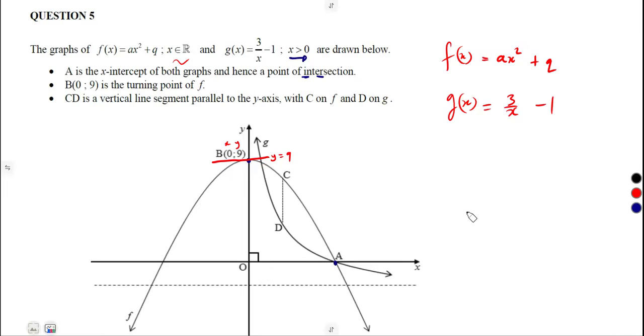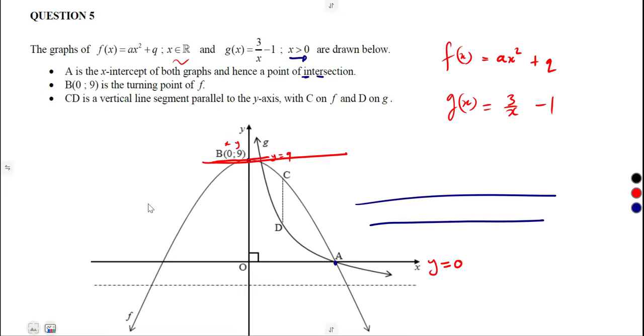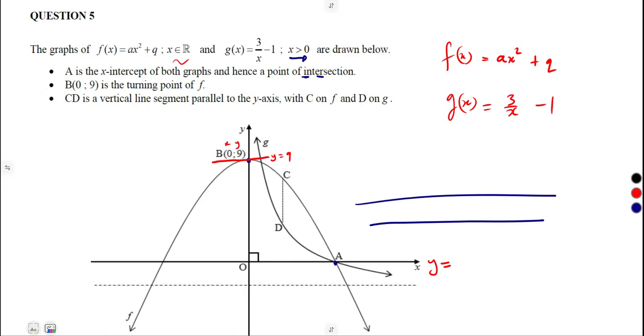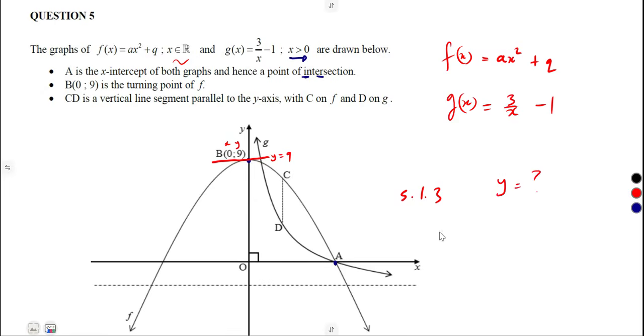The horizontal asymptote, we talk about a line like this. These are the lines which are in the form of y is equal to, just like the x-axis, y is equal to 0, y is equal to 9, y is equal to whatever you have. That's horizontal. It's in the form of y is equal to. All right, y is equal to what? That is the asymptote.